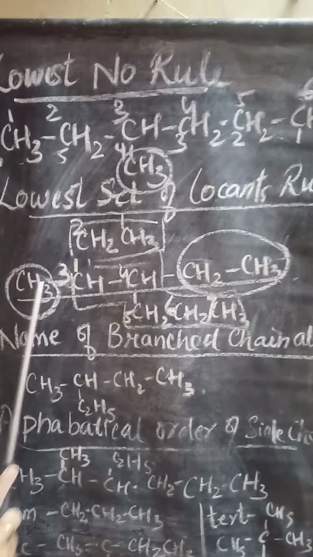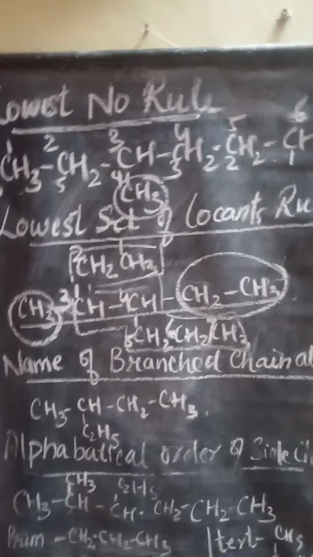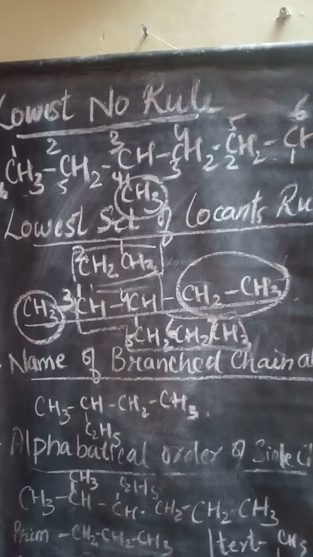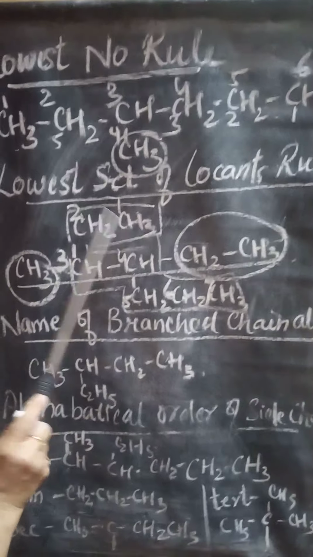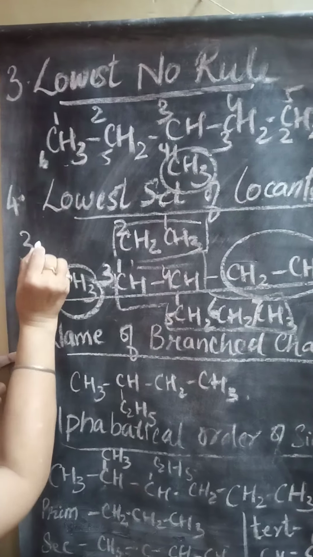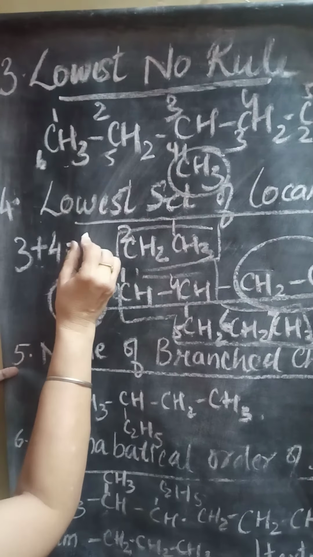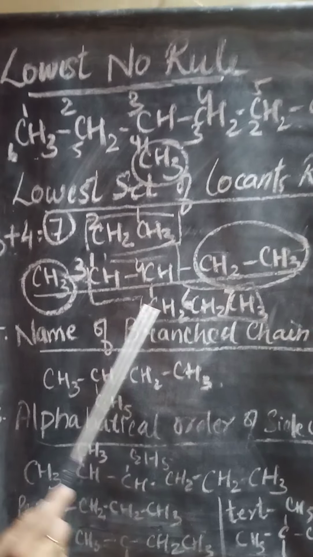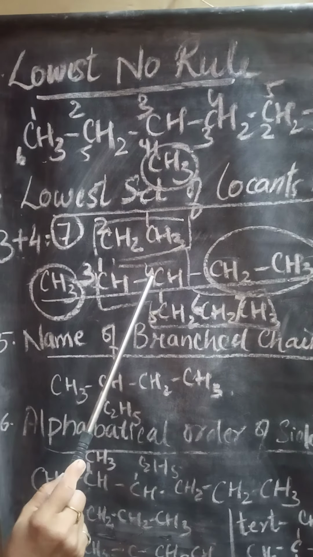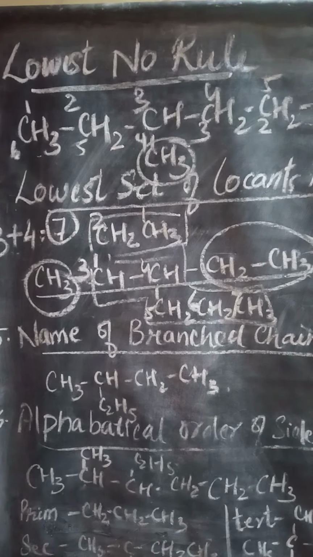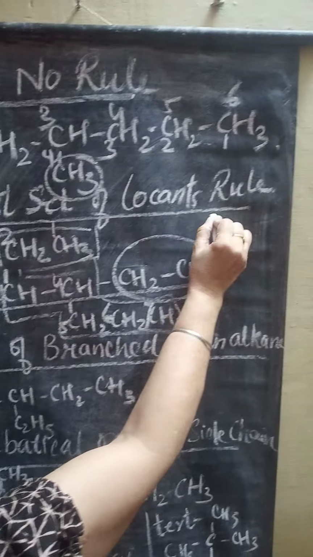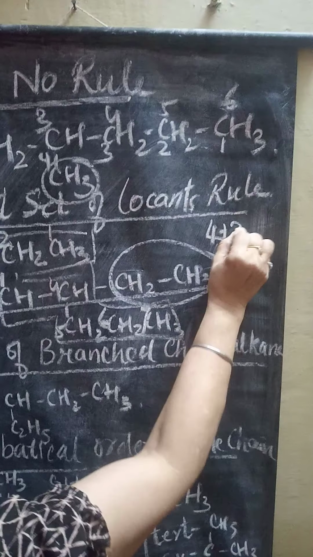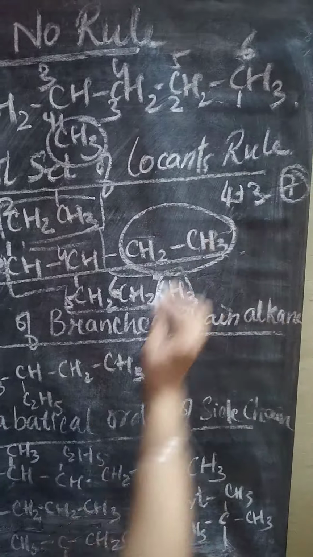When we are numbering from this side, the substituent groups are at the third and fourth positions, so on addition you will get 7. But when we start numbering from the other side, 1, 2, 3, 4, 5, 6, 7, at that time you will get 4 and 3. That is also coming to be the same.